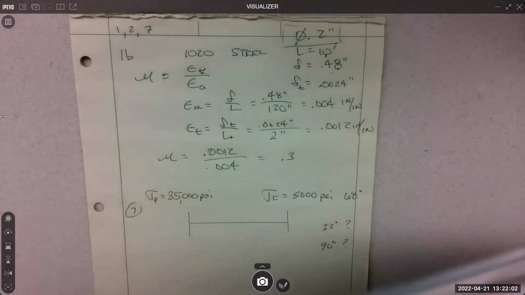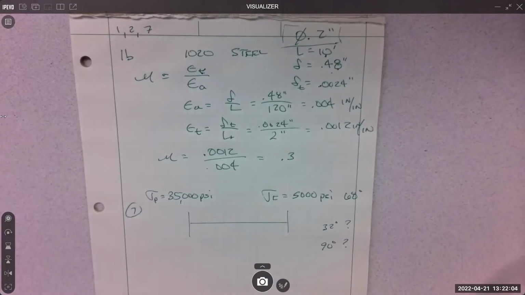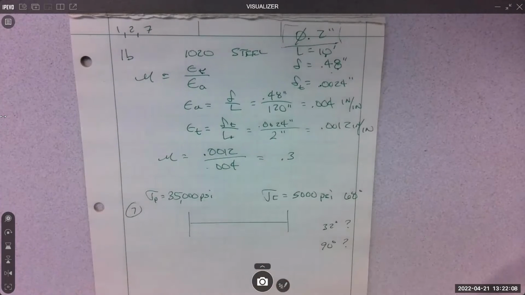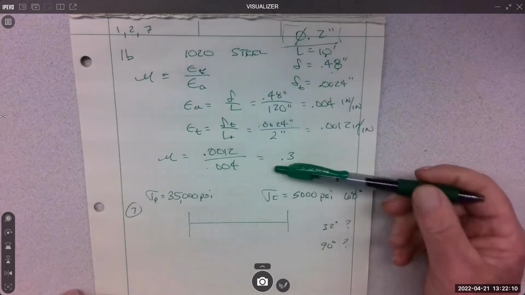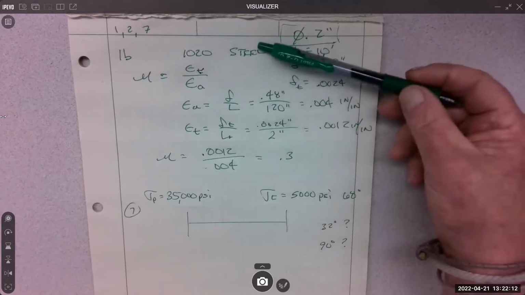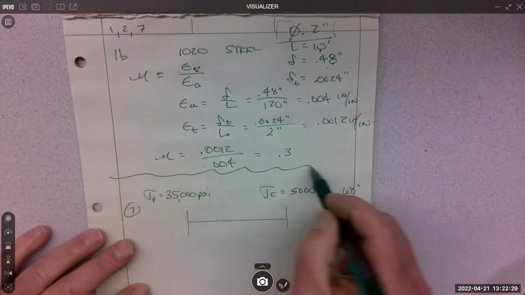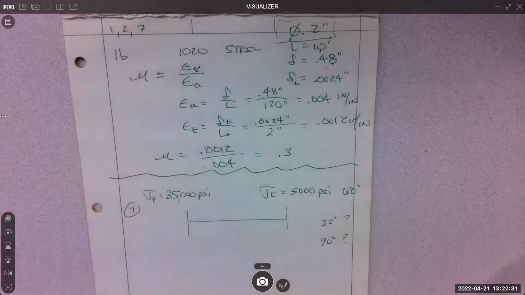So they're close to each other, not perfect, but this was some kind of a measurement system, right? So it was like trying to reverse engineer this to figure out, is this really 1020 steel? I'd say, I don't know. Based on those numbers, 0.3 is not exactly 0.25, but it's close.